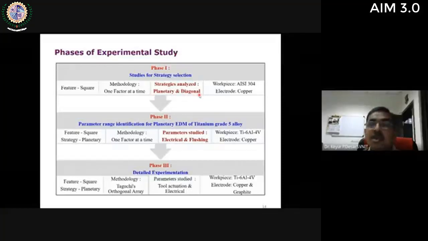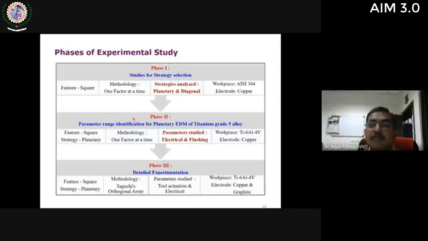Just to consider the economy, the workpiece was AISI 304 stainless steel, and the tool was made up of electrolytic copper. This was our phase 1, just to analyze how we should orbit the tool, in which manner we should orbit the tool.